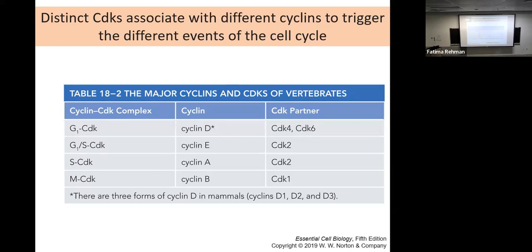Cyclin E is going to be just here, and then it will go down again. It will only be present in this period, at that transition from G1 to S.